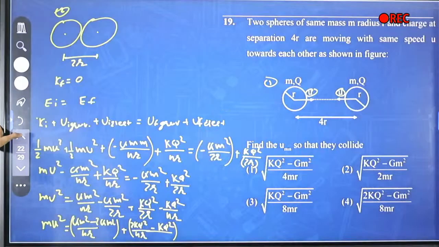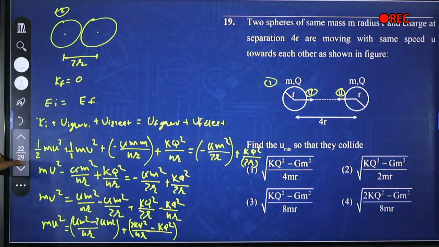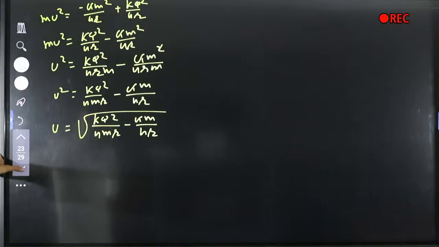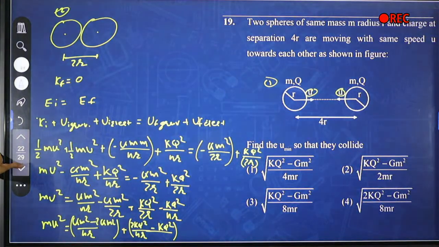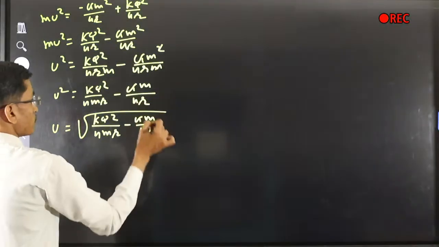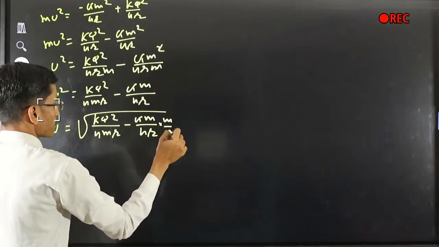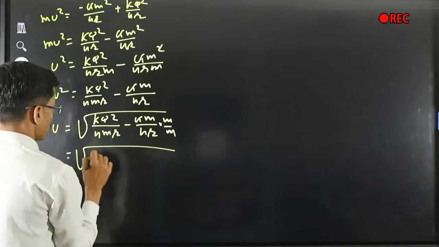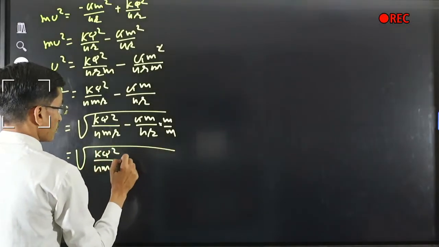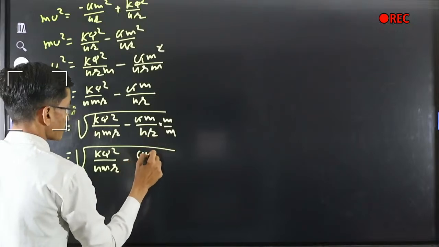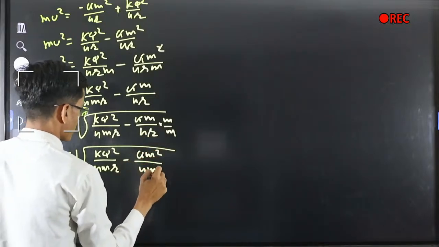Let's match the options. In the options, the denominator is given as 2 m r, and G m square is given. Let us multiply by m upon m. So k q square by 4 m r minus G m square upon 4 m r.